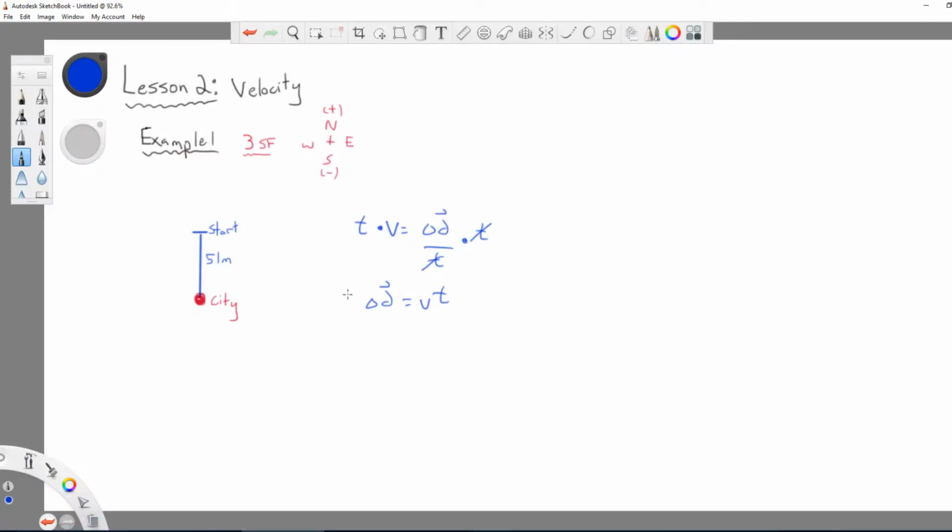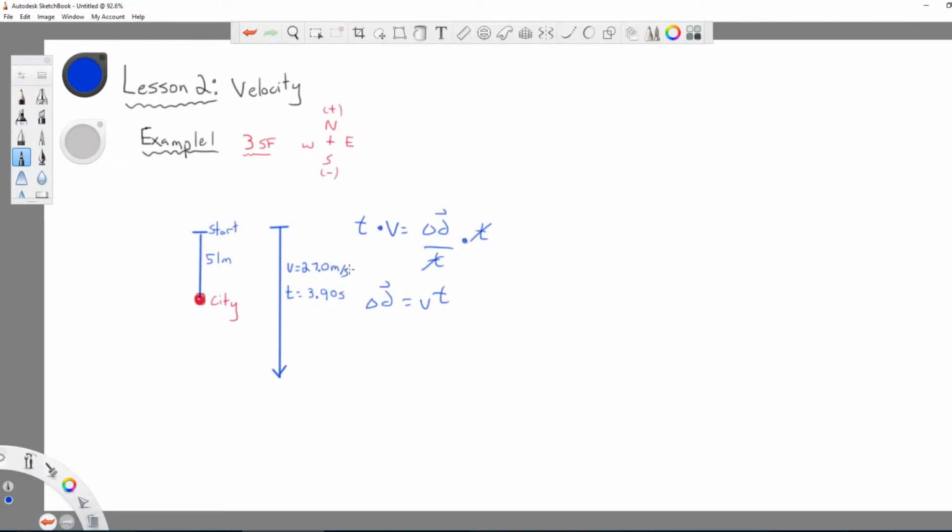So now we want to figure out the displacement that this is going to travel in 3.90 seconds. I'm going to write those values down here. We're going to be traveling southbound, from here all the way down here, and we have a velocity of 27.0 meters per second, and the time that this was traveling was 3.90 seconds.